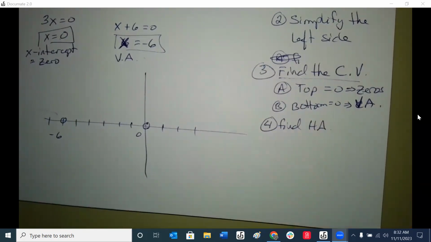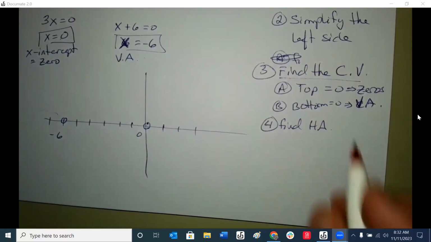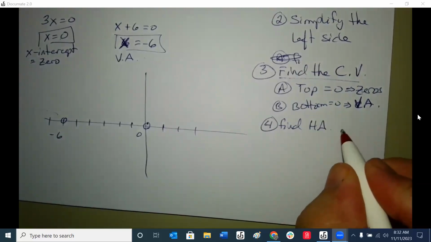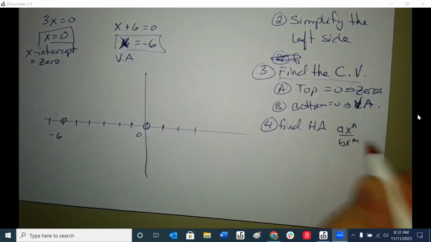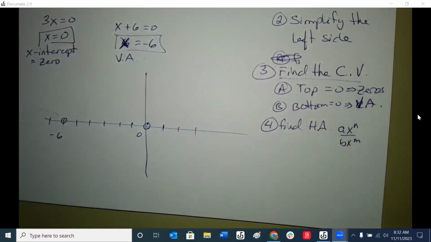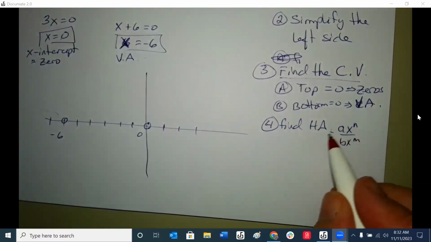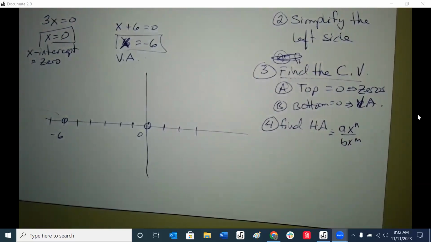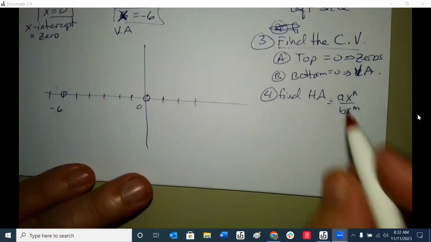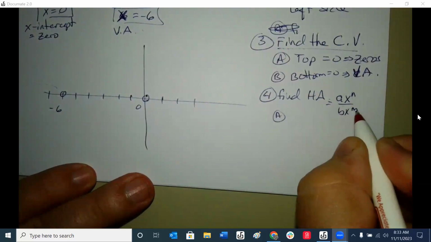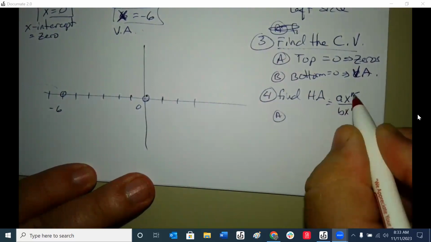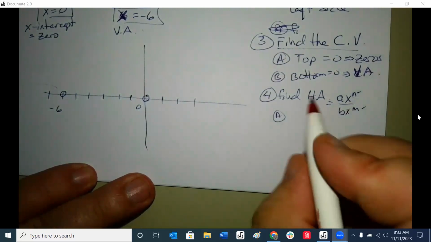Find the horizontal asymptotes. Remember, that has to do with the exponents. The degree of the top is n, the degree of the bottom is m.